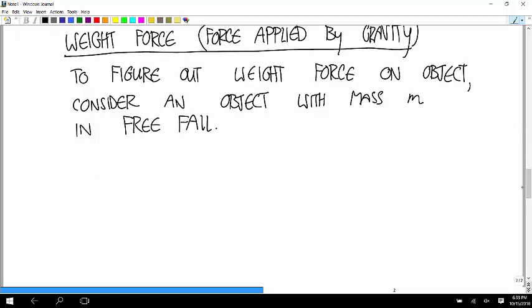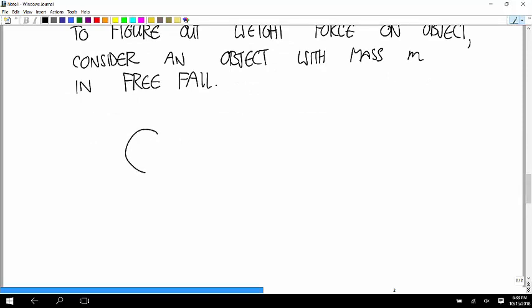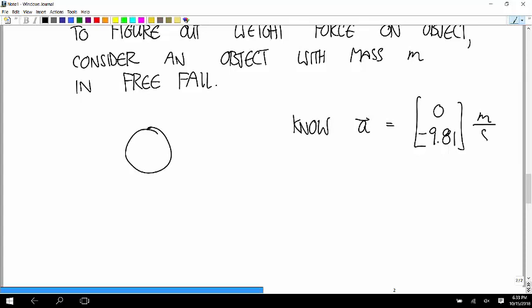Okay, so here's our object with a mass of m. And what do we know about something that's in free fall? Yeah, so if it's in free fall, we know that the acceleration vector is 0 for x, negative 9.81 meters per second squared for y.